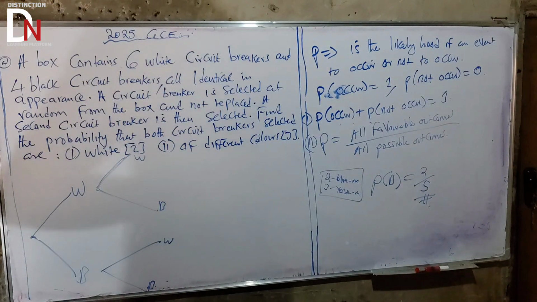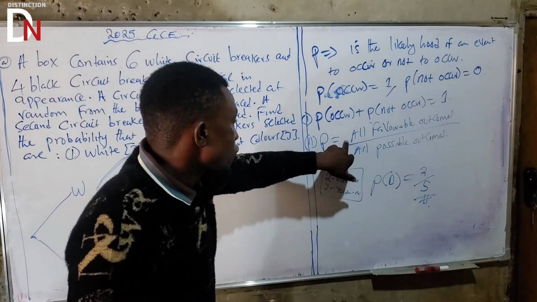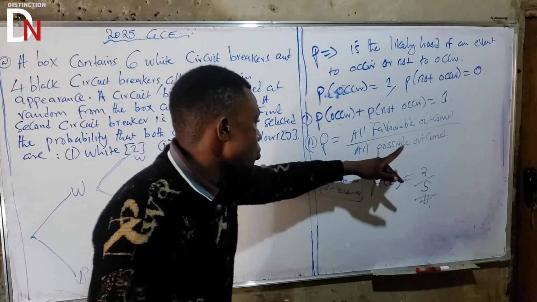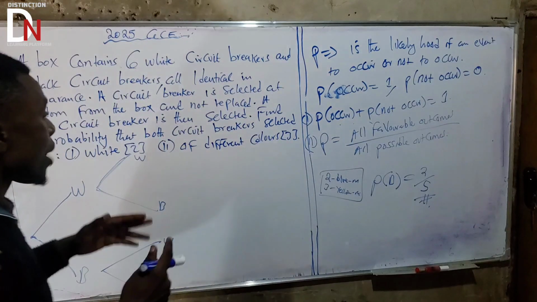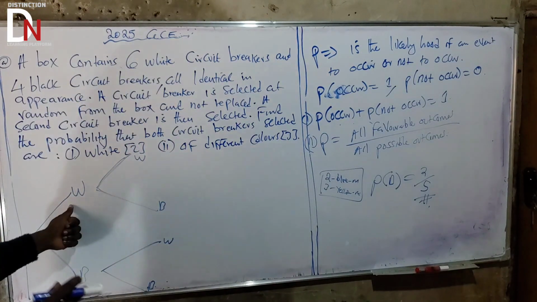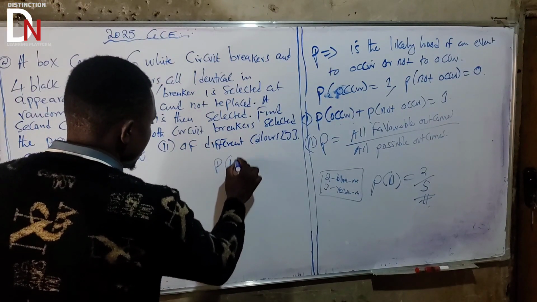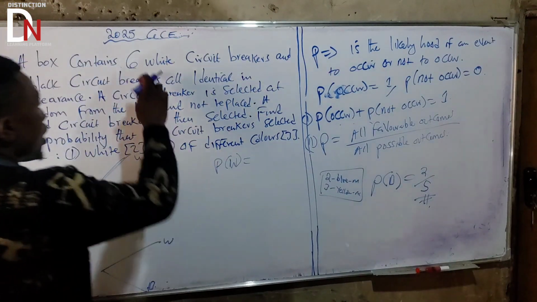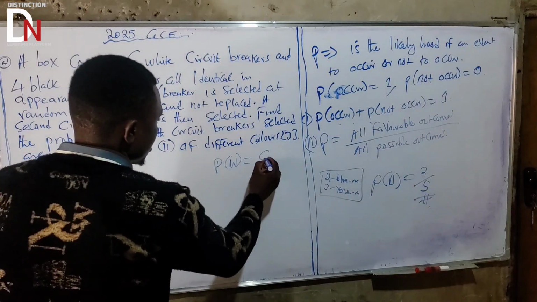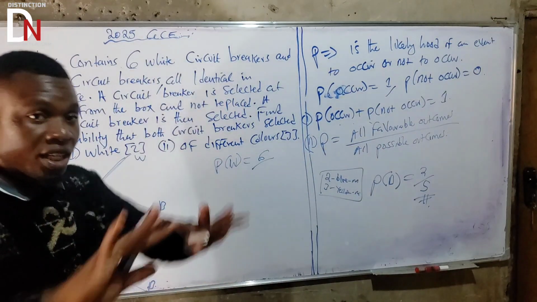So here I'll use the same formula: probability is equal to all favorable outcomes over all possible outcomes. My interest is on white. So the probability for white is equal to, how many whites? 6 out of all possible outcomes, which is the total.